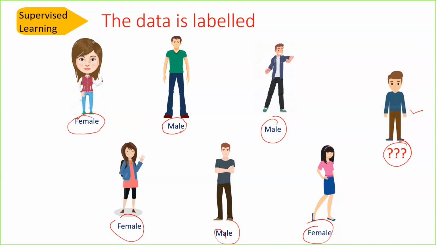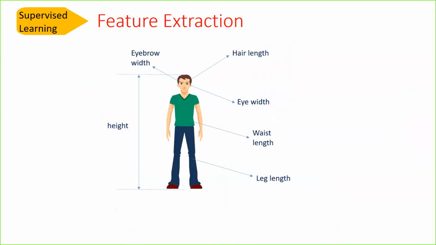For any domain of interest, one can extract the features. For example, here we can extract features from the image, like the height of the person, the waist length, leg length, eye width, hair length, eyebrow width. All these are different features that one can extract to represent the image in a numerical representation that the computer can easily understand.